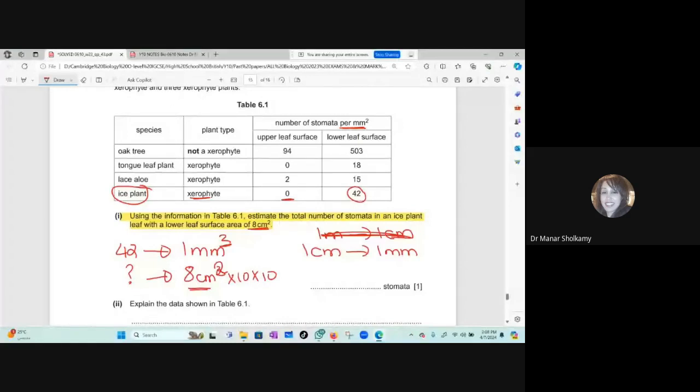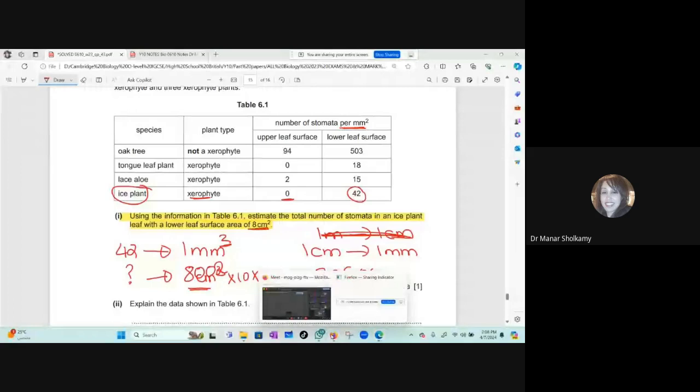So it will be 800. So you will cross multiply 42 times 800, 800 times 42 divided by 1. The answer will be 33600.